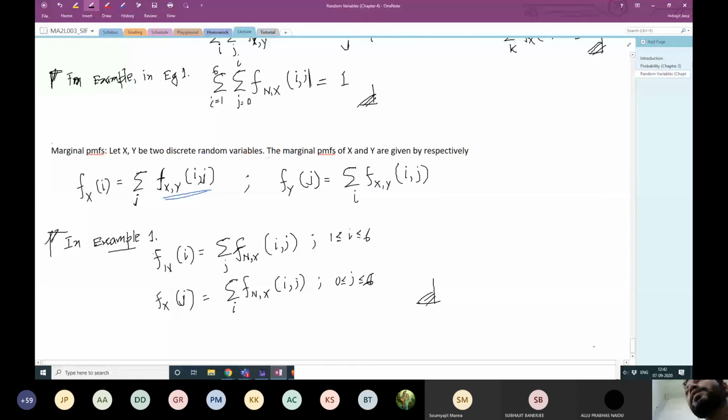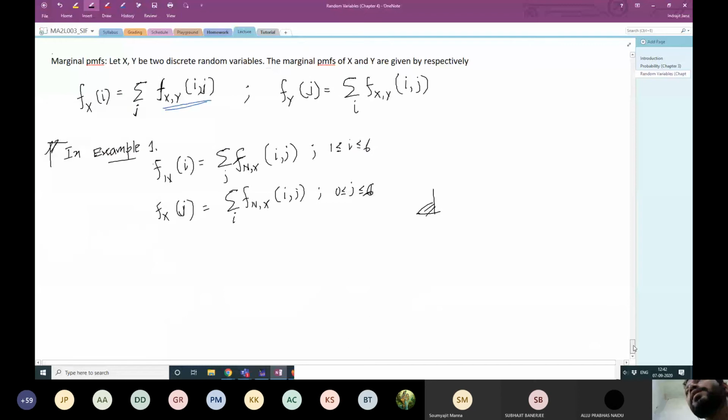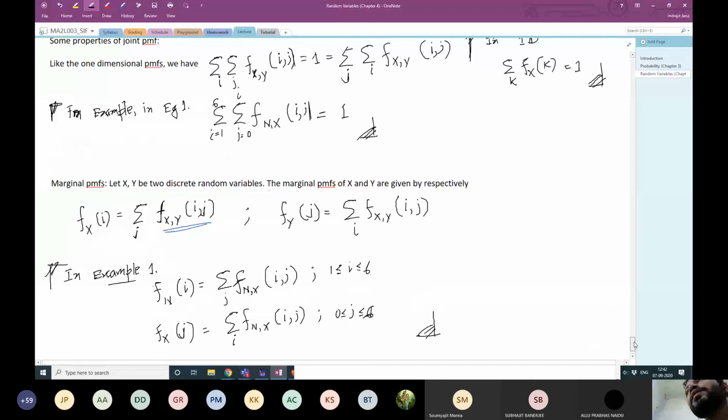By mistake, if you take the sum over both the indices, you will get one. You are not going to get the marginal distribution. And this also implies one thing here.